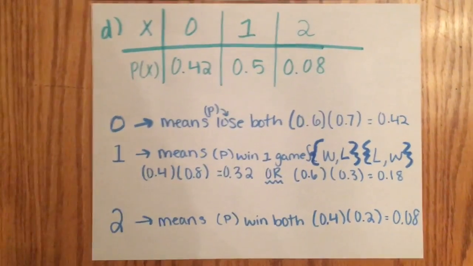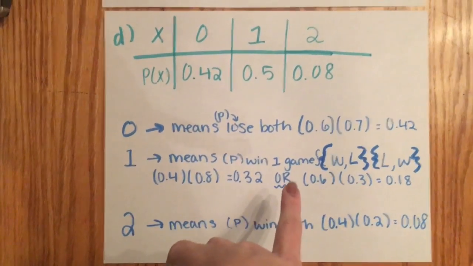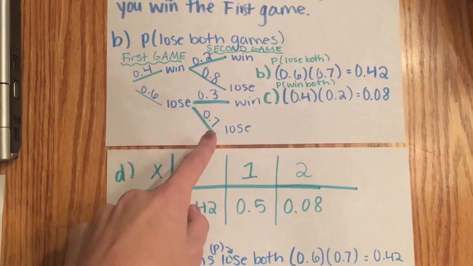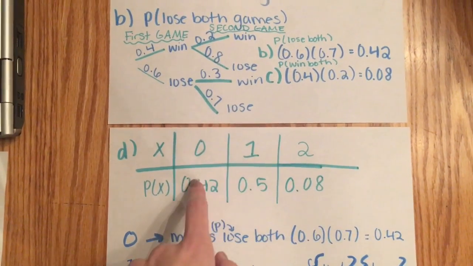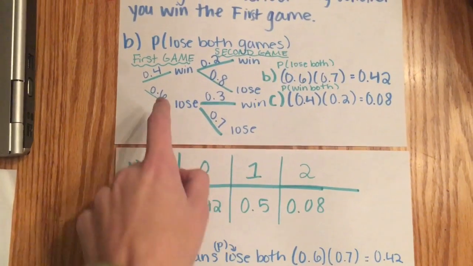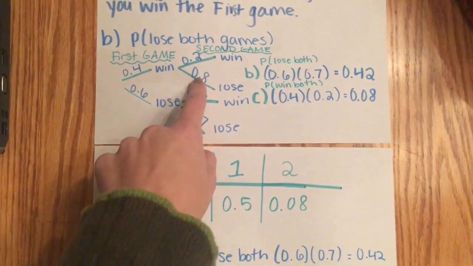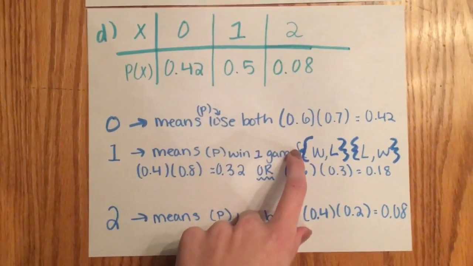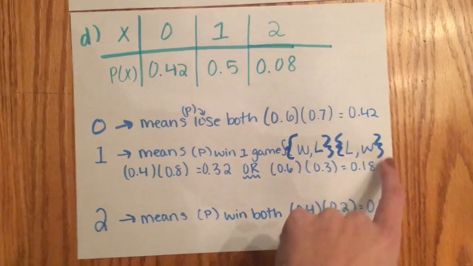So for 0, which would mean that you lose both, it would be 0.6 times 0.7, which is 0.42. And then the probability that you win one game could either be you win and then lose, or you lose and then win. So our sample space could be WL and LW.